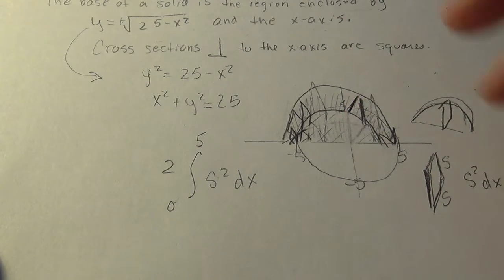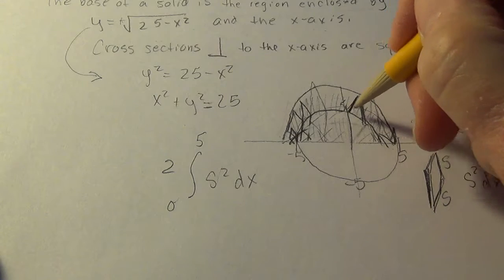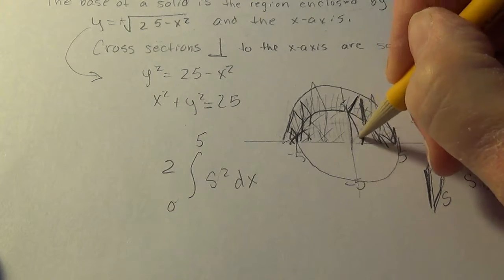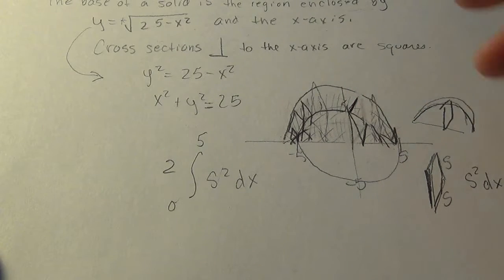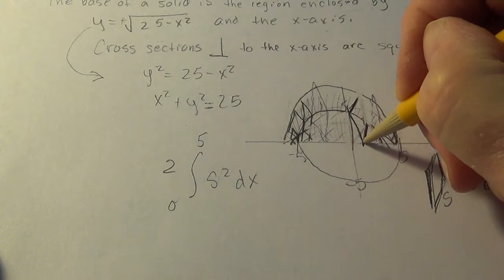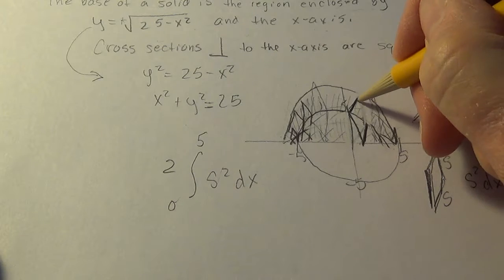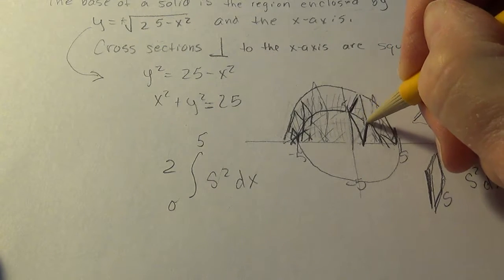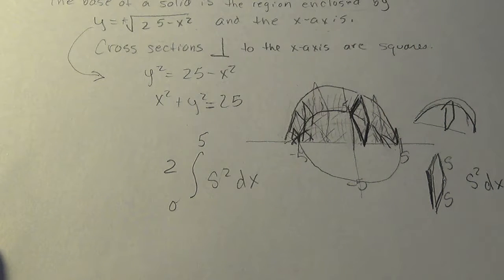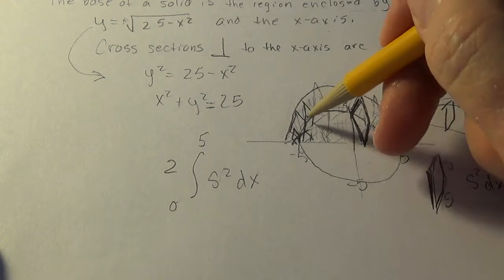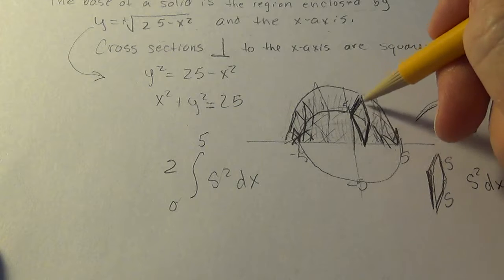It doesn't go to the origin. It could, but I meant one like this. So you can see my perspective is off. So here's the side that's perpendicular to the x-axis, and here's the rest of it. So that's supposed to be a square. Alright, so one of the squares making up all of these squares is right there.